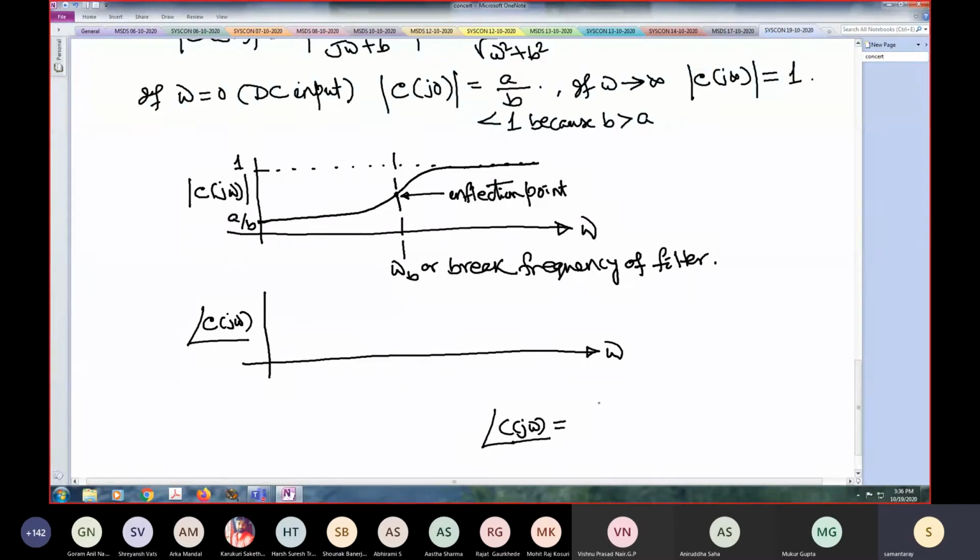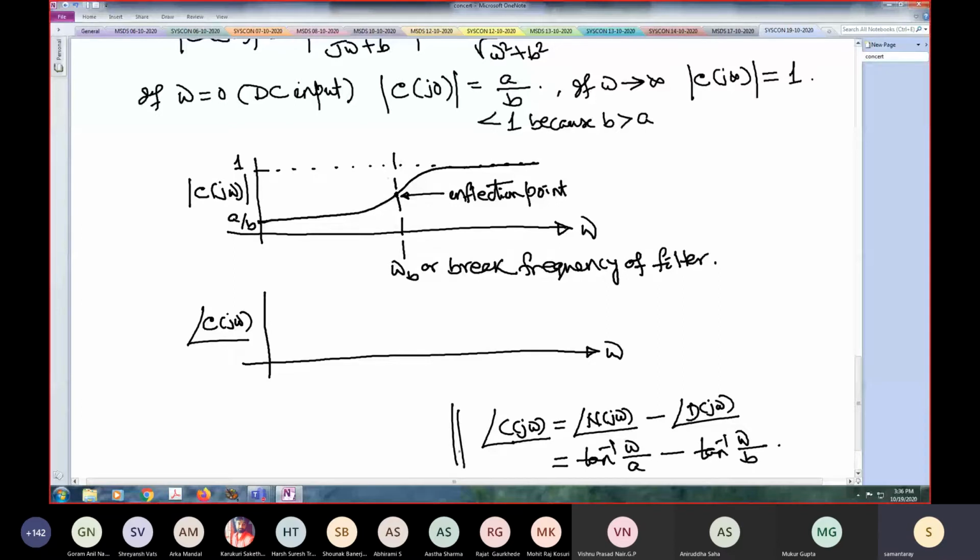Okay, and we know how to find that. So that will be angle of numerator j omega minus angle of denominator. So top part is j omega plus A, so its angle is tan inverse omega by A. Bottom part is j omega plus B, so its angle is tan inverse omega by B. That's how the argument comes.